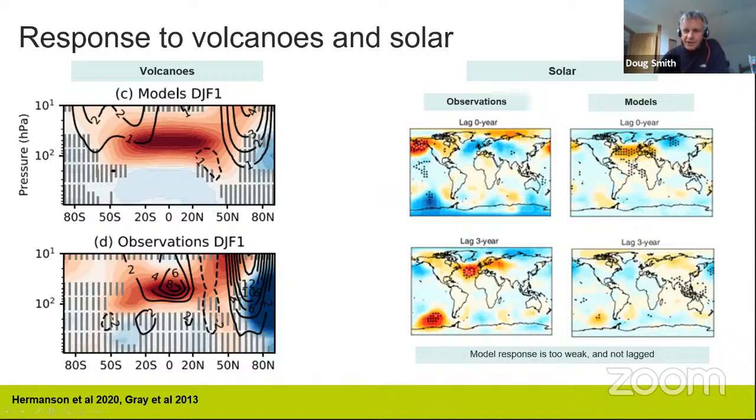Whereas in the model simulations, the total response is weaker than in the observations, and there's not the lag that's seen in the observations, suggesting there could be some errors in the ocean-atmosphere feedback in the model simulations.